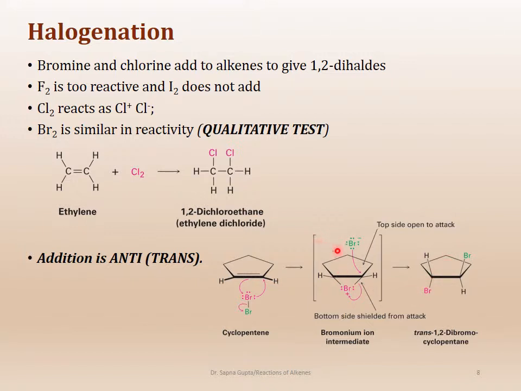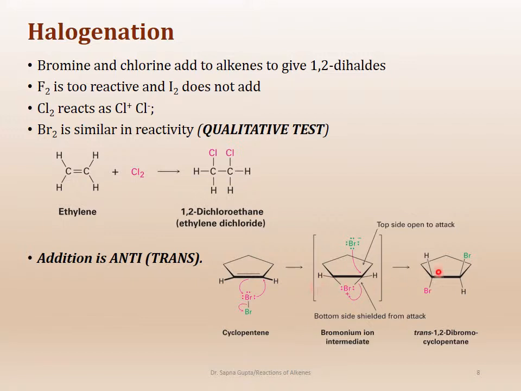So when the bromide attacks over here, the bromonium ion is relieved and it gets its electrons, and so you end up getting this bromine here, and then the bromide ion, which came from behind over here, is on the other carbon. So which means that the bromines are actually adding on opposite sides, and this is called a trans addition. This will happen whether you have straight chain or cyclic.